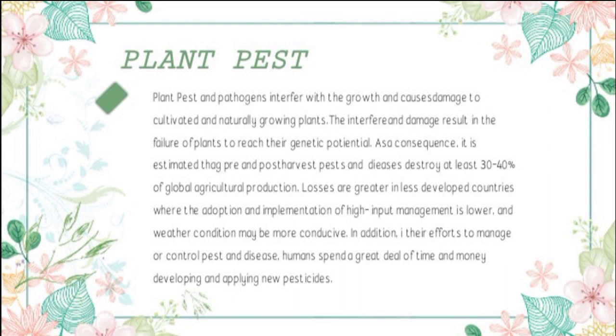Losses are greater in less developed countries where the adoption and implementation of high input management is lower, and weather conditions may be more conducive. In addition, in their efforts to manage or control pests and disease, humans spend a great deal of time and money developing and applying new pesticides.